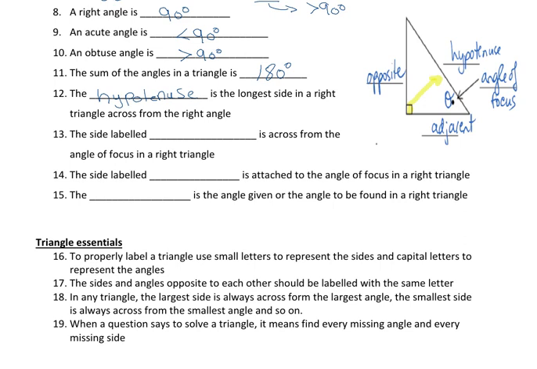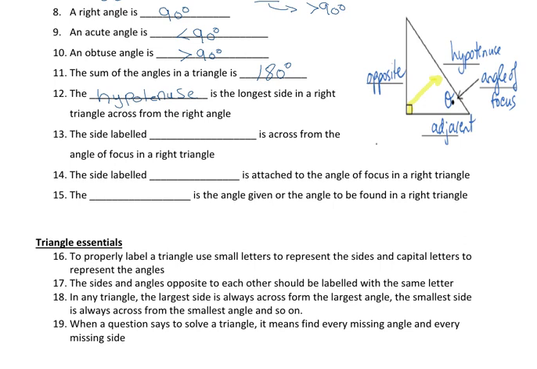Then, if I'm given an angle, or I'm looking for an angle, we call that angle the angle of focus. This is the angle that we're going to analyze the sides according to. That angle of focus is usually either given to you or you're looking for it. Then we're going to name the sides according to this.